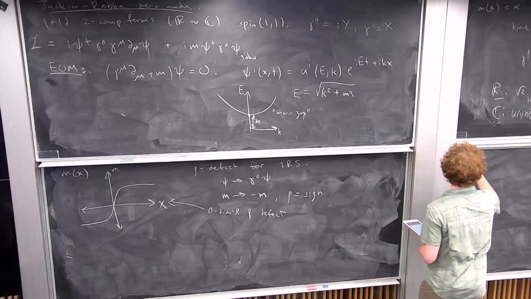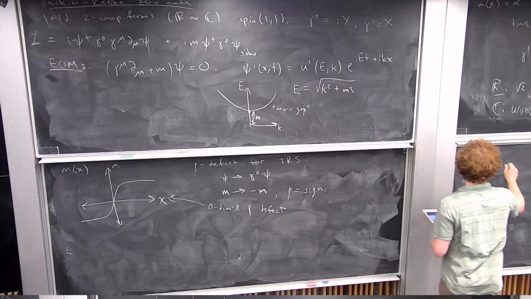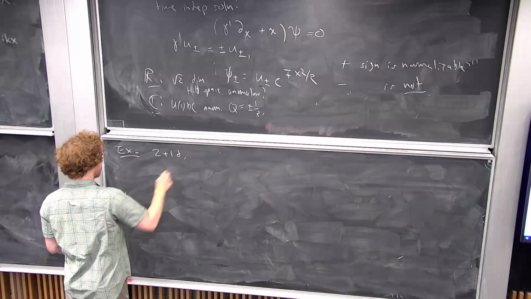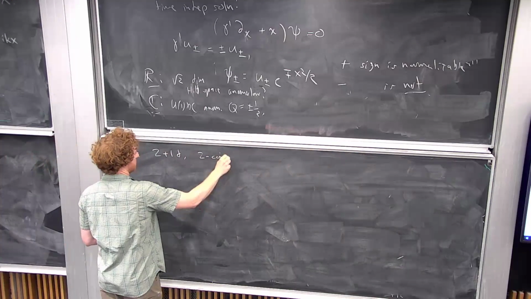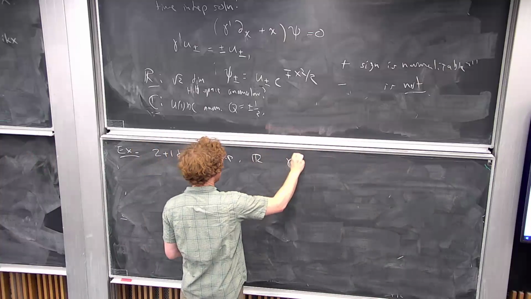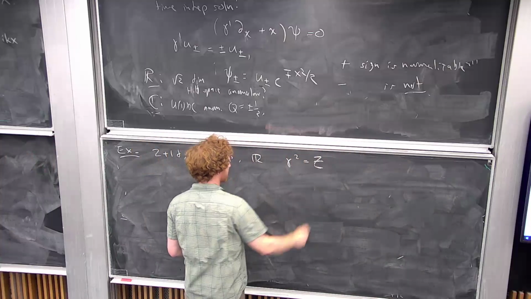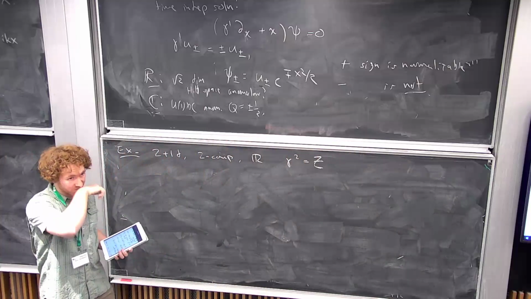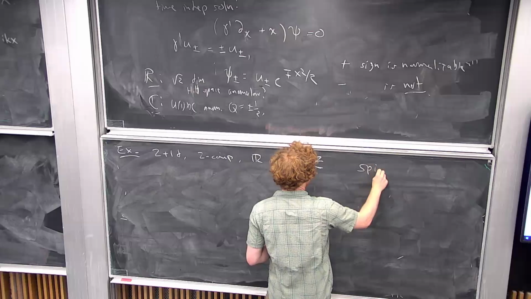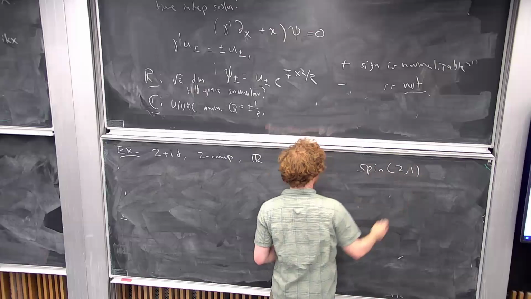So here's an exercise: do the same thing in 2 plus 1 dimensions. You still have two components, and let's do two-component real, and choose as our next gamma matrix Pauli Z. It's also a real matrix. So now we get a real rep of spin 2,1.